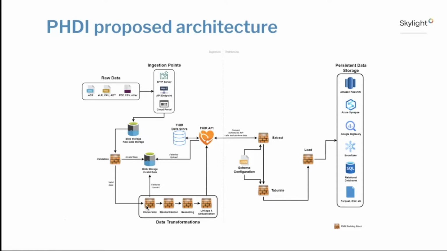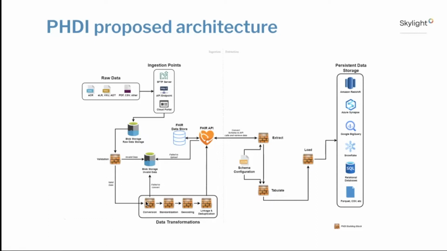After that conversion, we're able to work with all of the data in the same way, so we can treat it consistently and in a standard way for the rest of the pipeline. It means that we're not building bespoke ingestion processes per reporter or per data type. The conversion to FHIR is what allows us to do that. There are also a lot of other benefits to working with FHIR.